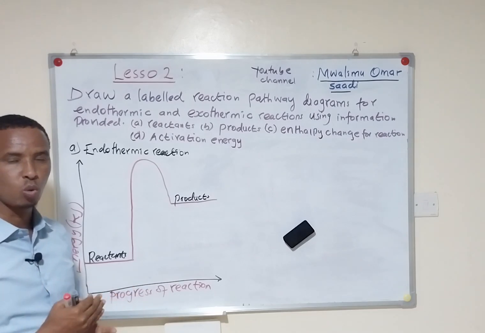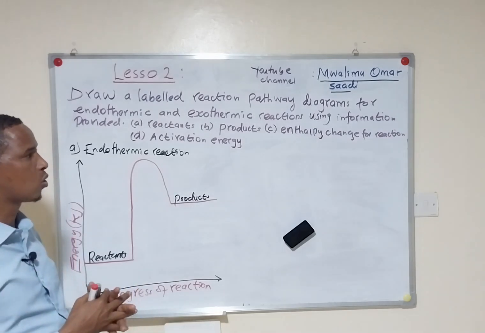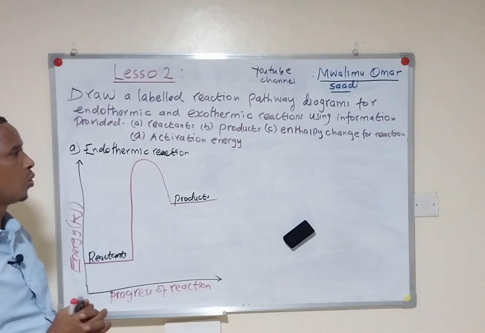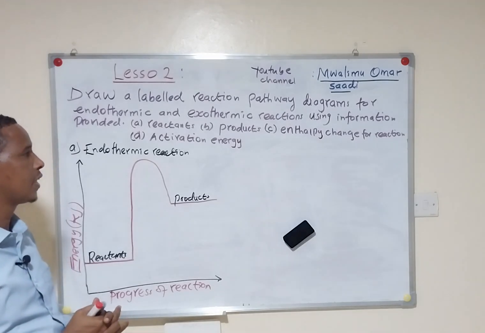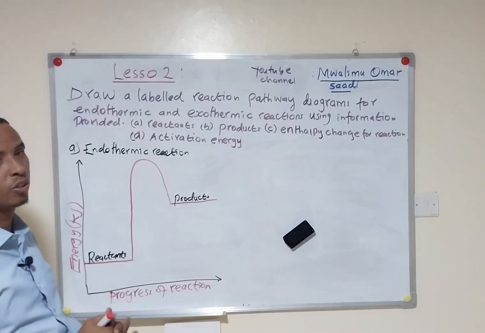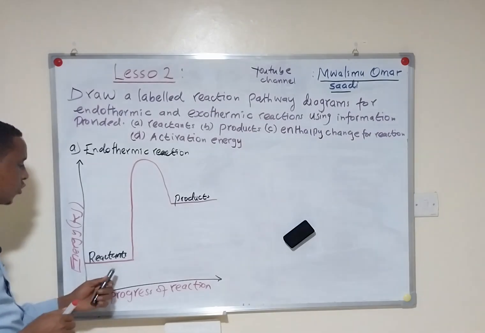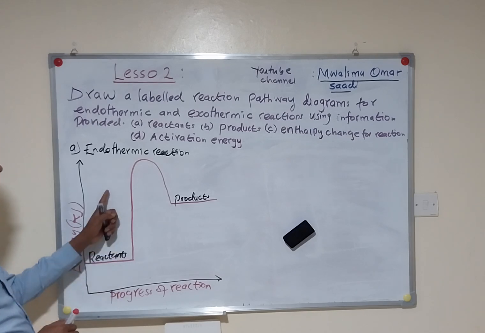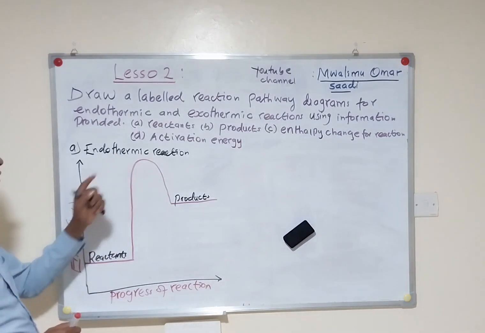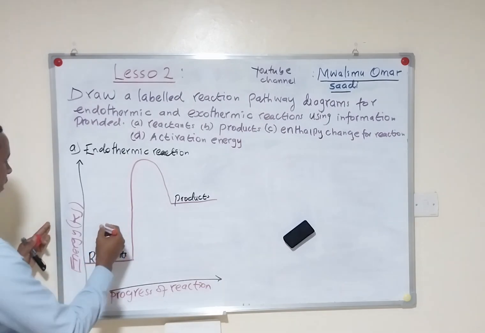For a chemical reaction to occur, particles must collide with each other. When colliding, they require energy. That energy is the activation energy, and it is shown from where the reaction begins up to the peak of the curve.